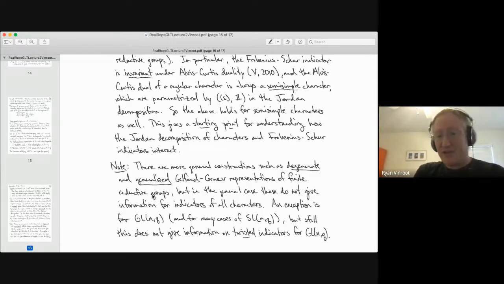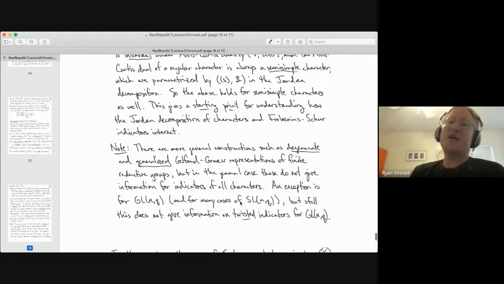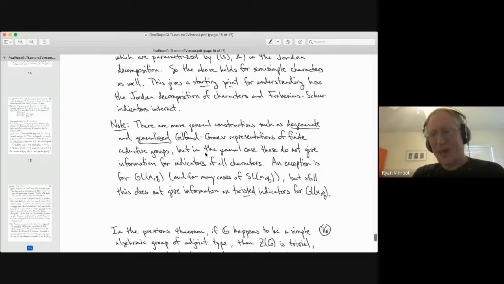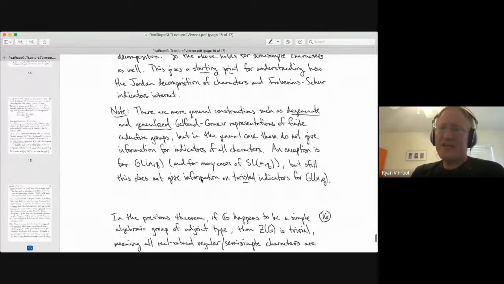But for GLn, this gives a very nice proof that every real valued character has indicator 1, and for many cases of SLn, but not every case of SLn. It doesn't give you the twisted indicators for GLn. But there is a way to extend this method to GLn(q) at least, type A things. But for general type, it gets messy.